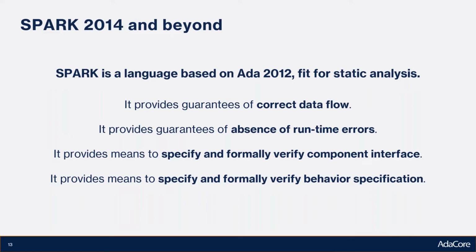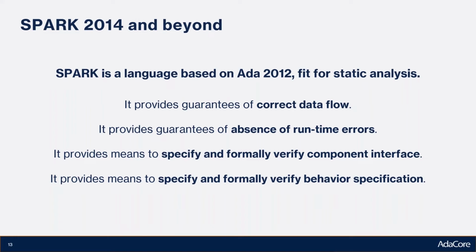For instance, it's illegal to use a variable before it's been initialized, right? No reads unless something's been written. It's illegal for subprograms to manipulate global data if you didn't declare that the subprogram manipulates global data. Everything really needs to be very explicitly declared as far as data flow is concerned.